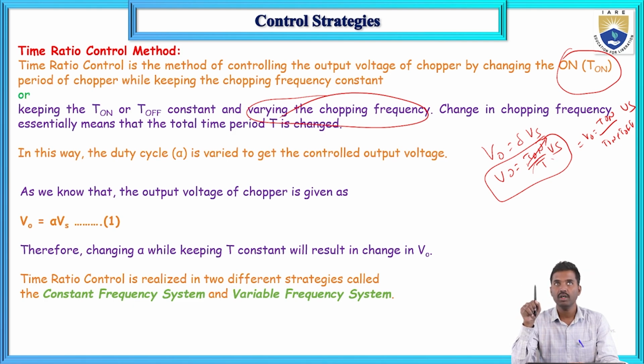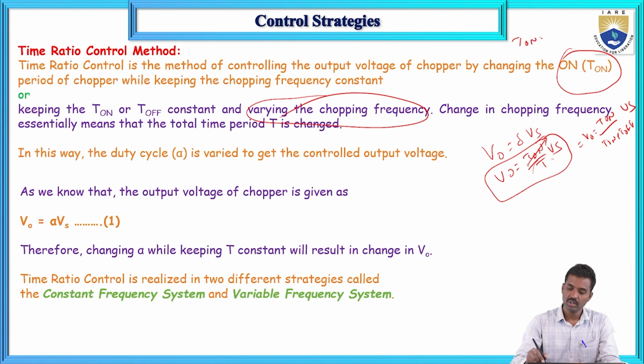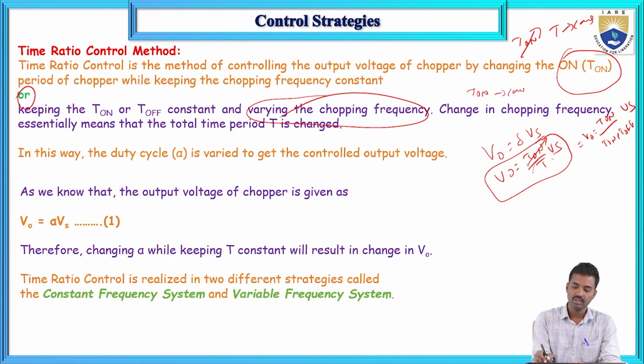So either T on should be constant or T on should be variable. The first method is that T on is variable and T is constant. Or, in the second method, T on is constant and T is variable.